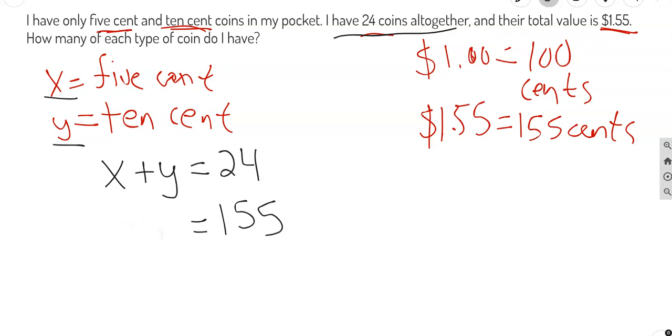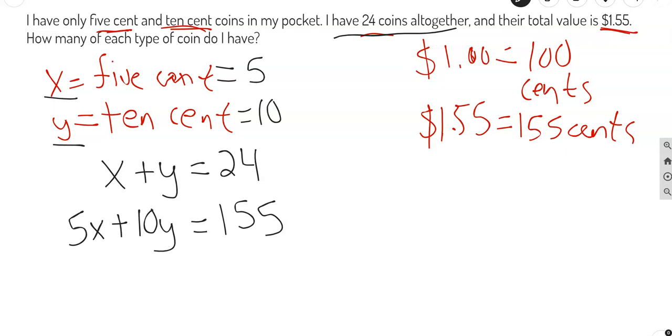So we'll not write x plus y, we'll write their values times x and their value times y. So remember, a 5-cent coin is 5, a 10-cent coin is 10. So 5 times x plus 10 times y equals 155, right?